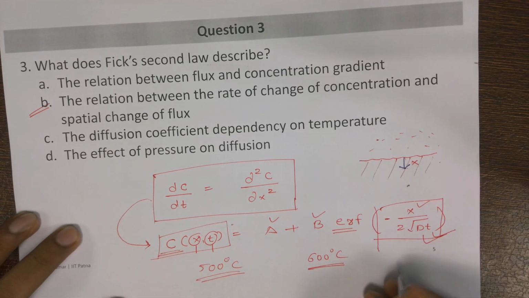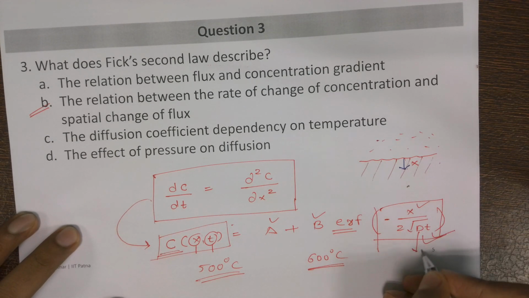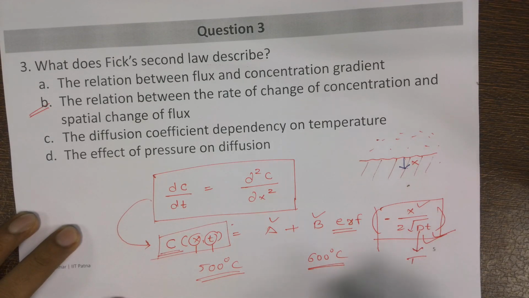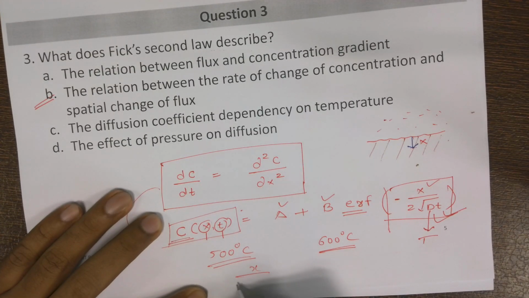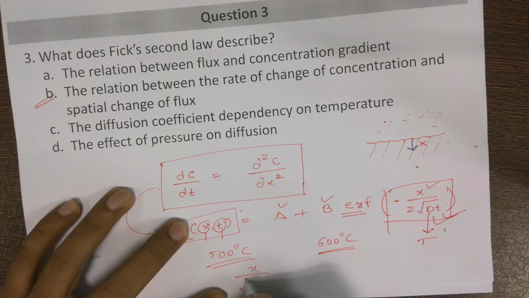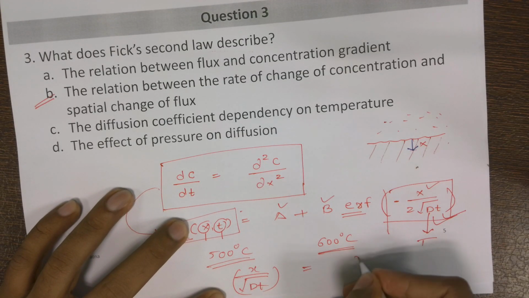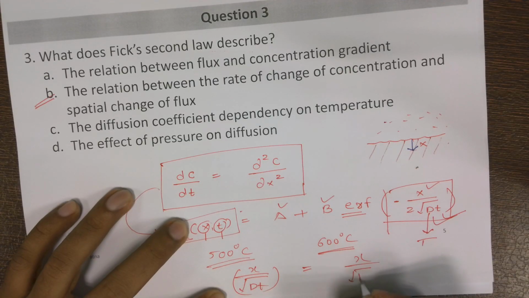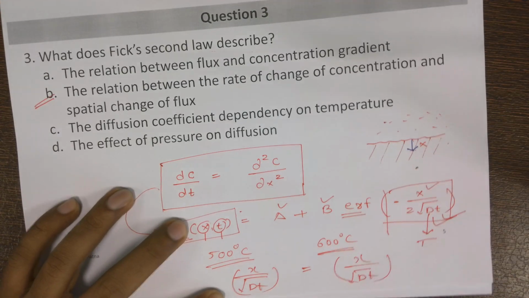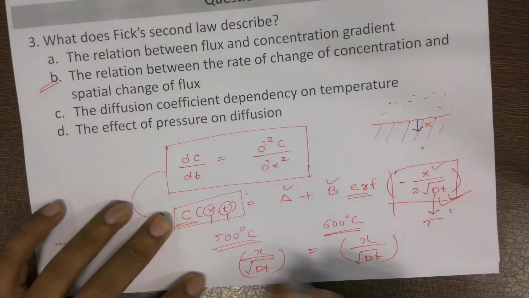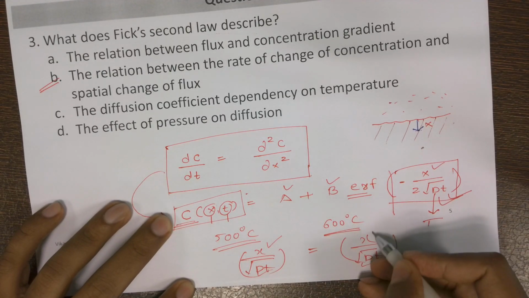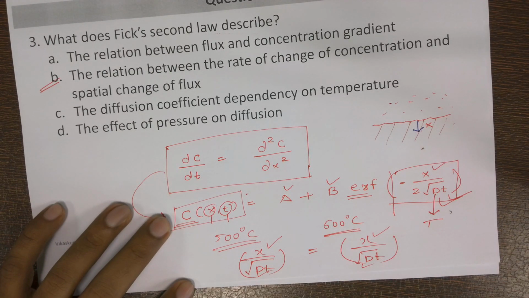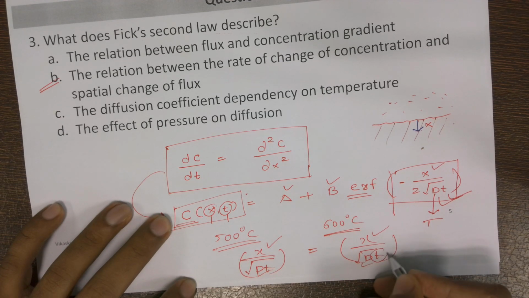D is highly dependent upon the temperature. So at 500 and 600, this term x upon 2 root Dt at 500 will be equal to the x upon 2 root Dt at 600. Since the temperature is different, and let's say they are talking about the same depth at which they are getting the same concentration, what will vary is the time.